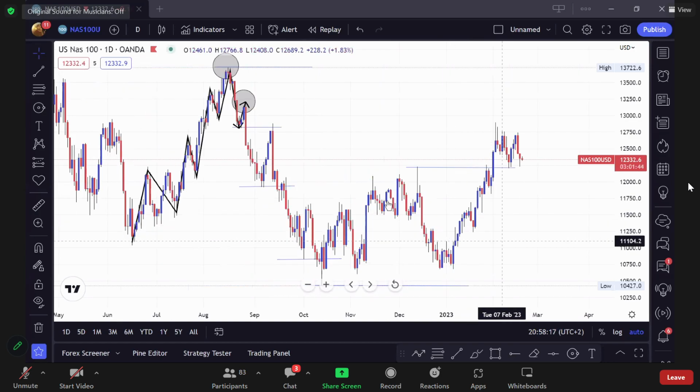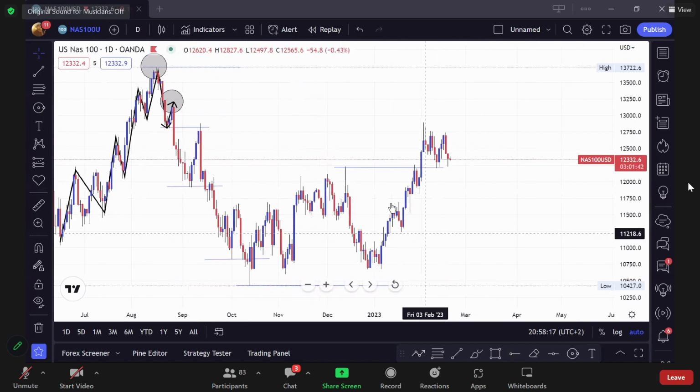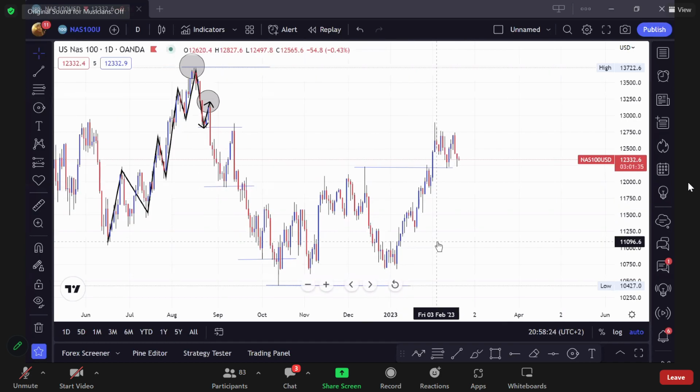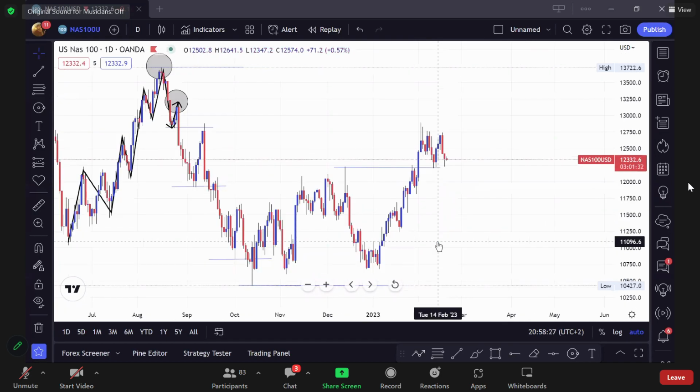Wait, you're talking about this here? I'm talking about when you're going down, the equal highs, when there's two equal highs that got taken out, that's when we had our change of character. On the left hand side.